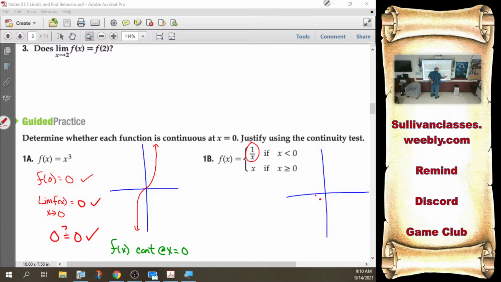So you'd have like negative 1/2, negative 1/3, negative 1/4, negative 1/5. What if I do 1 divided by negative 1/2? Negative 2, right? Dividing by fractions, easy as pie, flip the second, multiply.